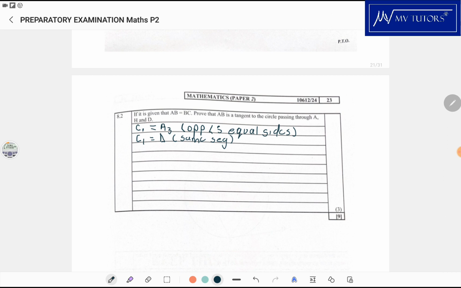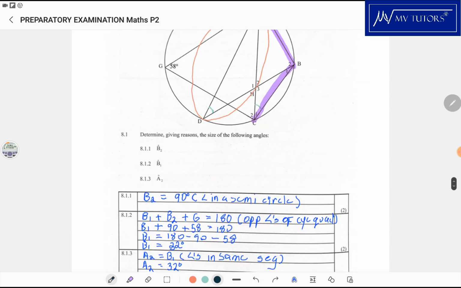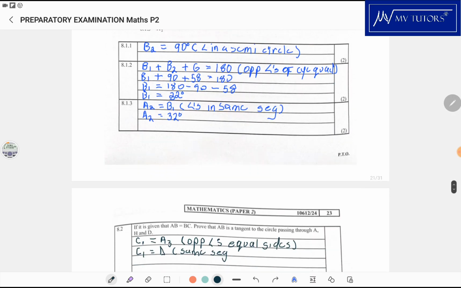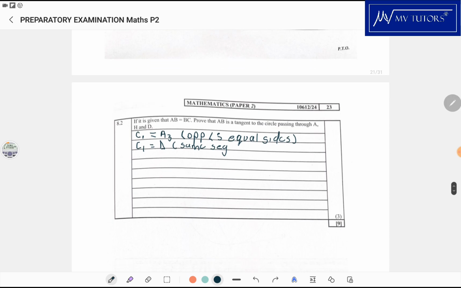And that segment, I actually want to write what that seg is, so that it's clear. Same seg, C1 comes from the segment AB. That's the chord. So, AB.